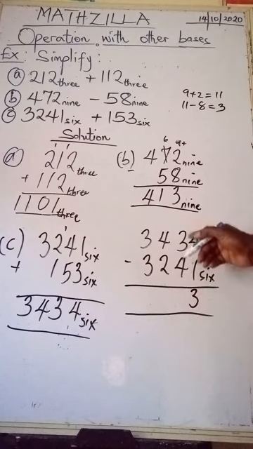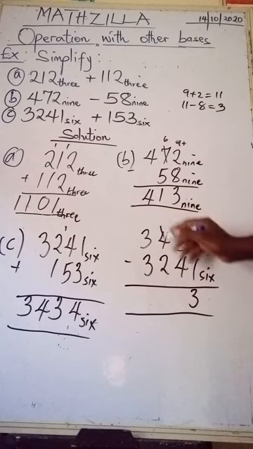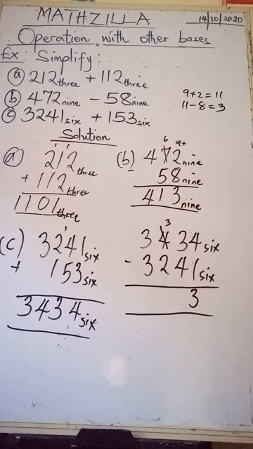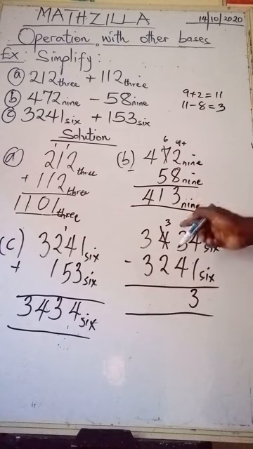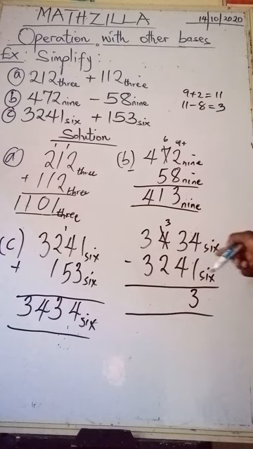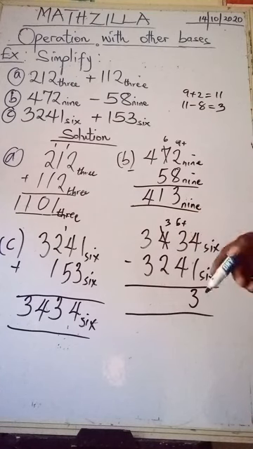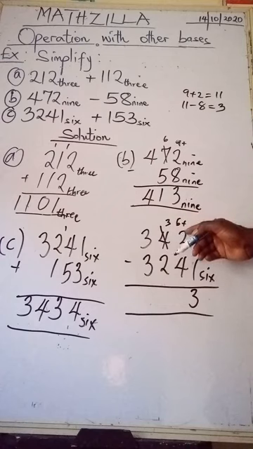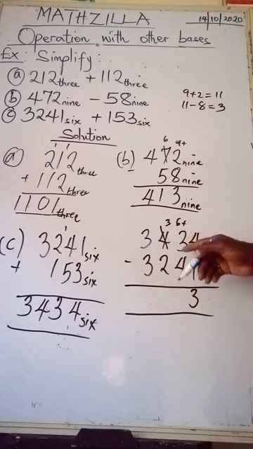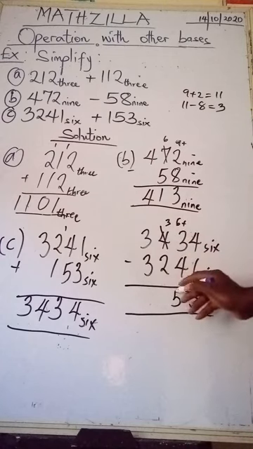Bring down your 3. 3 minus 4 is not possible. You borrow 1 from here, remaining 3. Remember, it is in base 6. So when you borrow 1, whatever you are borrowing is equivalent to the number base. Since this is in base 6, that 1 you borrow is actually 6. So you add it to whatever is here. 6 plus 3 gives us 9, and then 9 minus 4 gives us 5.